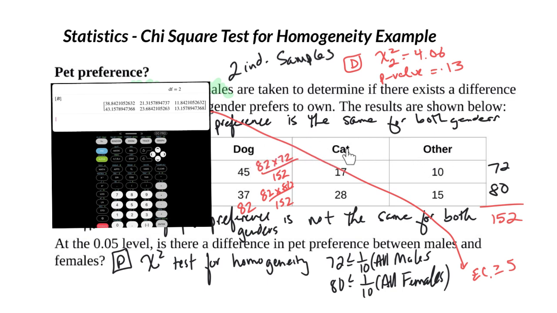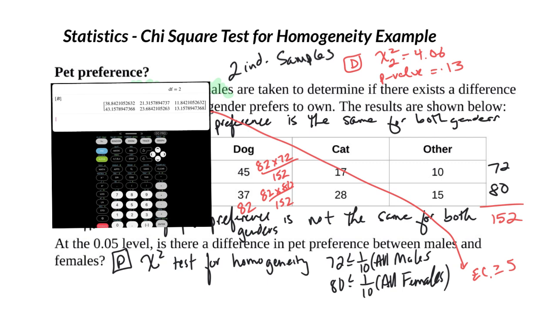We do 1 less than the number of categories. That's 2. We had 3 preferences, 2. We had 2 genders that we split amongst. 1 less than that is 1. It is the product. The number of columns, subtract 1, times the number of rows, subtract 1. That's our degrees of freedom. So essentially 1 less than the categories in each kind of split.